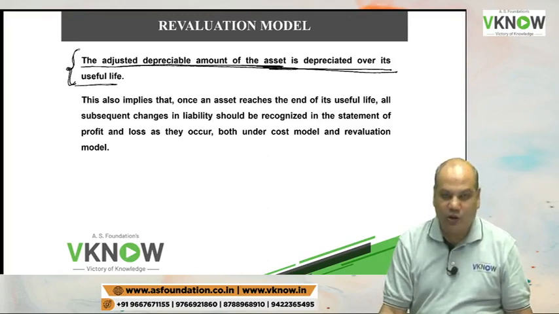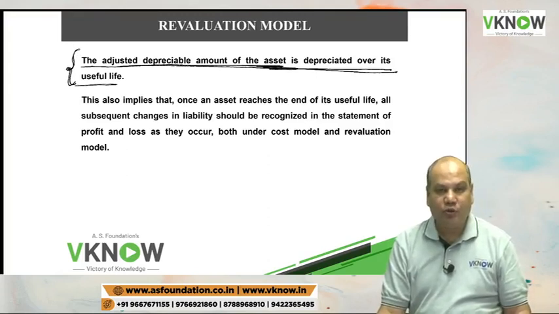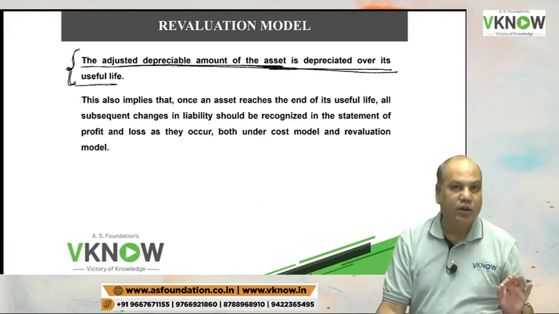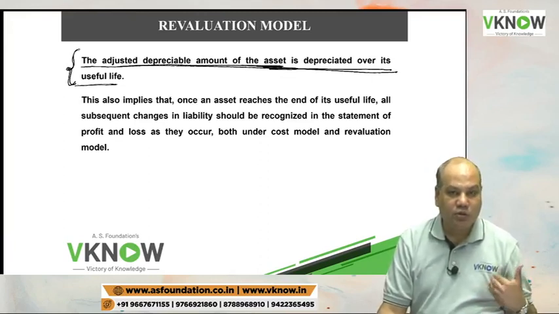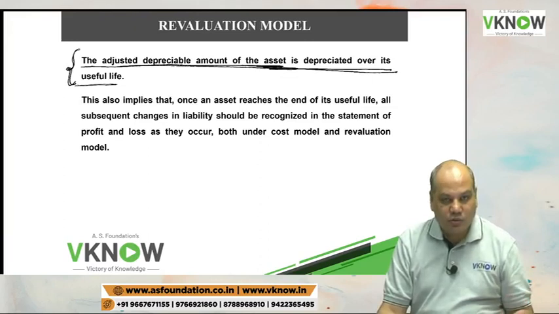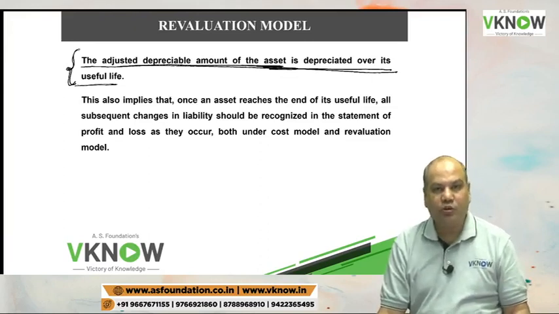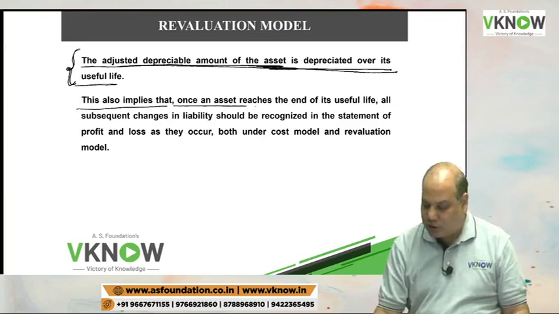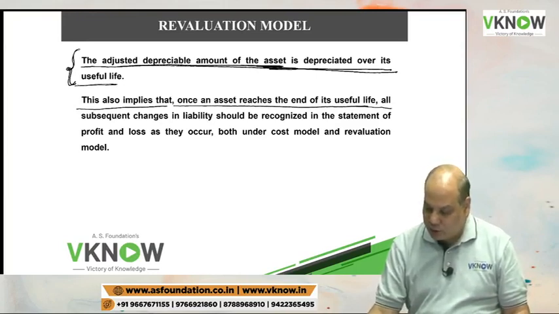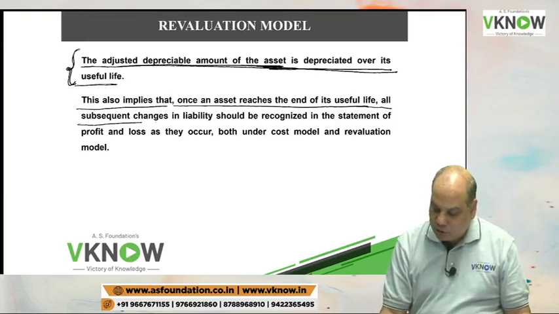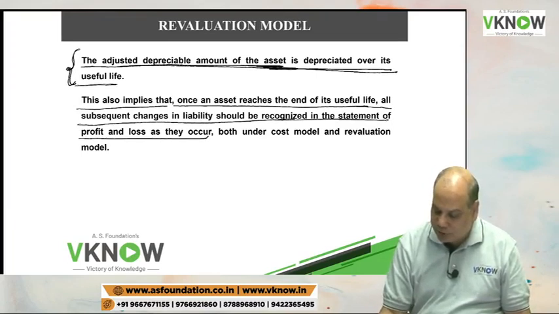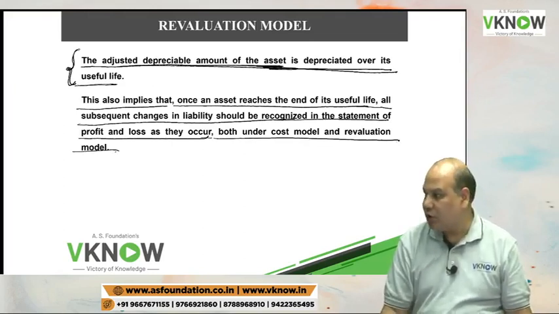As usual, if the asset's carrying amount has changed, the revised carrying amount will be depreciated over remaining life. This also implies that once an asset reaches the end of the useful life, all subsequent change in liability should be recognized in the statement of profit and loss as they occur, both under cost model and revaluation model.